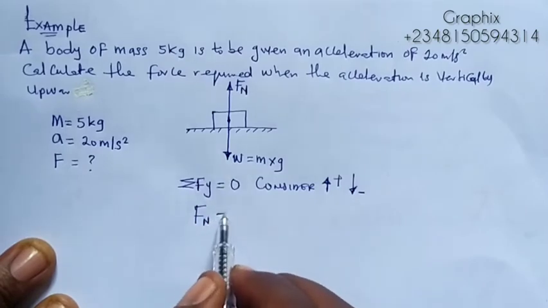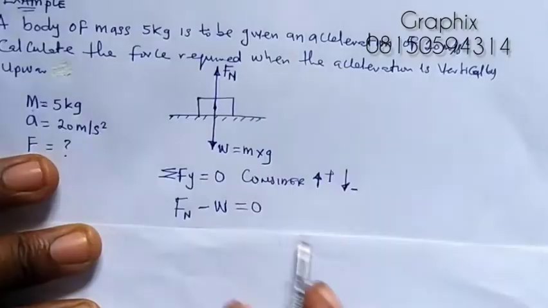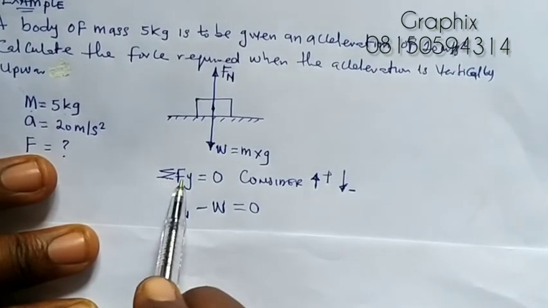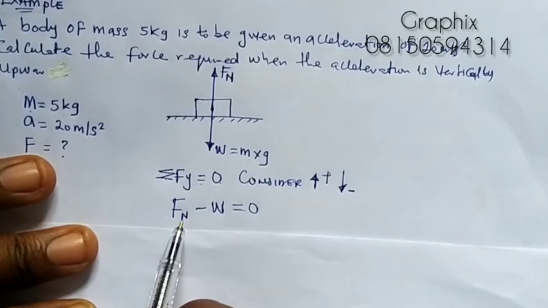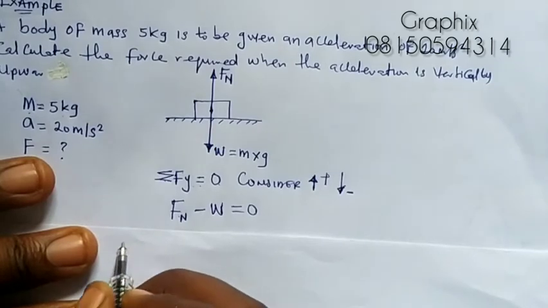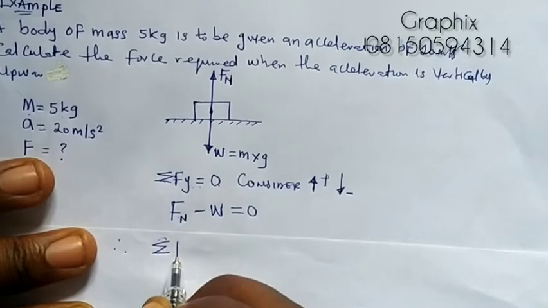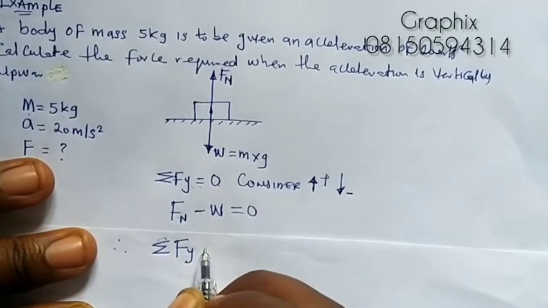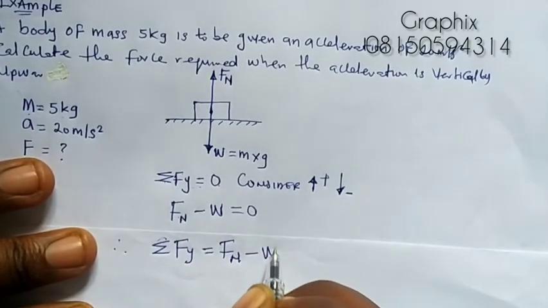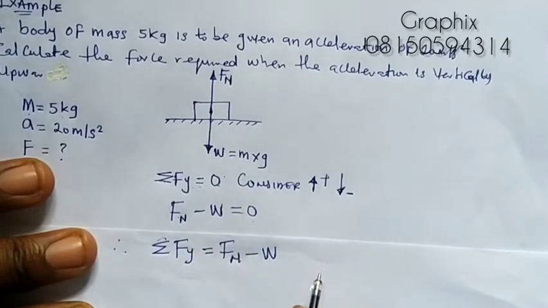The weight says what? Minus W, equals to what? 0. Now if you look at this, the summation of Fy is equal to 0 and my normal force minus W is equal to 0, therefore the summation of Fy will give me normal force minus what? W, since both of them are equal to 0, so they are equal to each other.